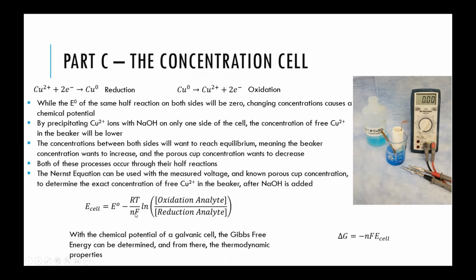F is Faraday's constant. And since the reduction analyte will be that initial concentration inside the porcelain cup, the 0.1 molar, you can then go through this and calculate the concentration of the copper ion in the beaker.